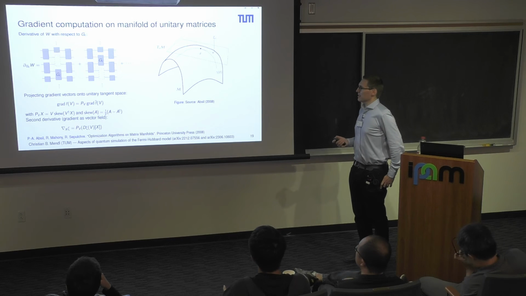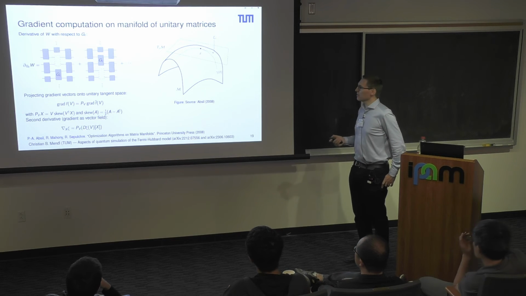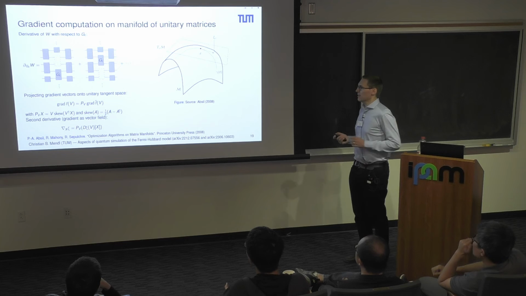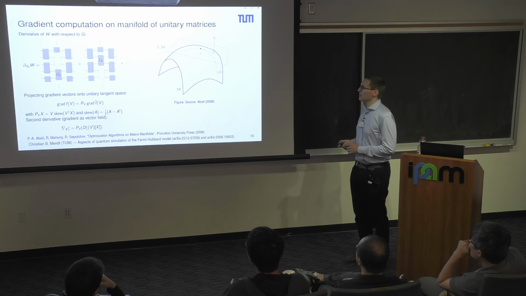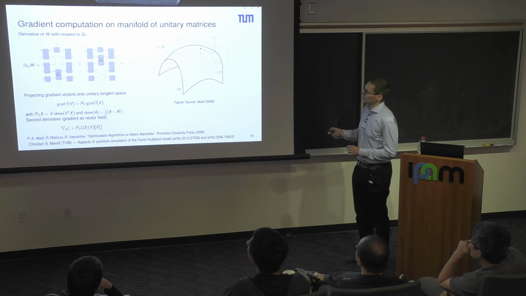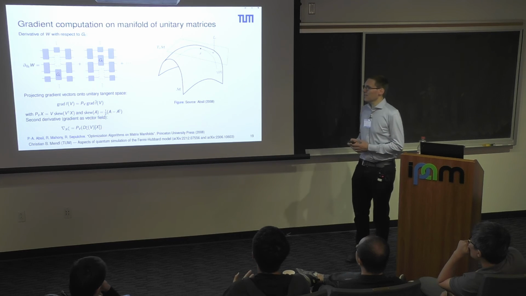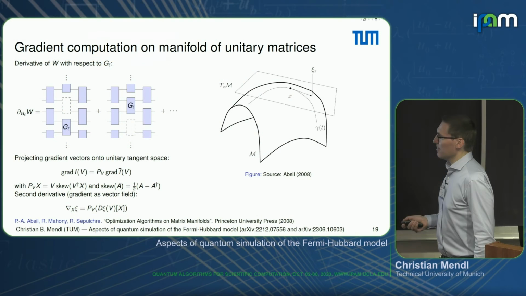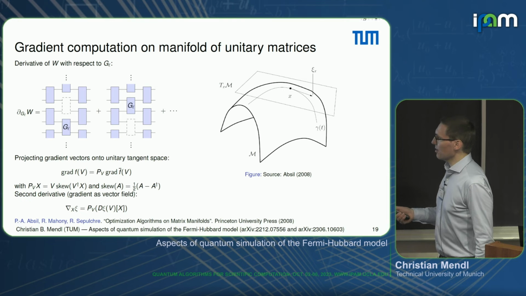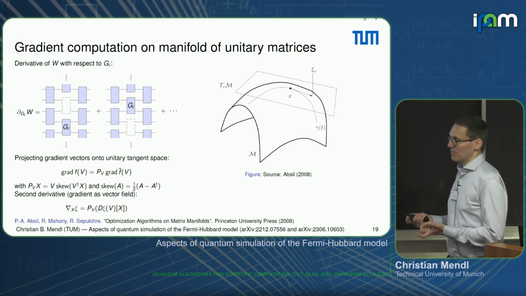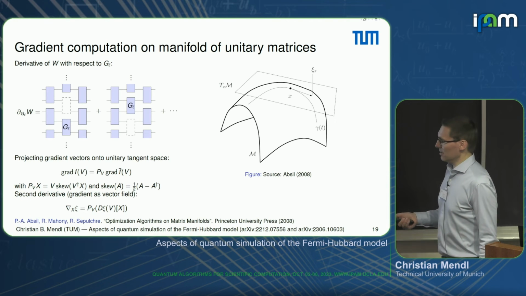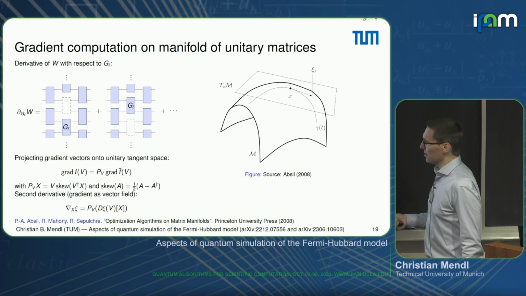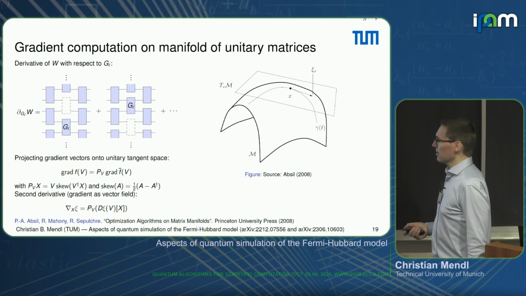So I would say the technical part in this work is more or less how do you actually get these gradients when you work on this manifold of unitary matrices, right? Because this is kind of the only condition which we have on these G's, that they are unitary. And then of course, what you do in practice, you just compute the gradient first as if it was a general matrix, but then you need to project this gradient onto the tangent plane.